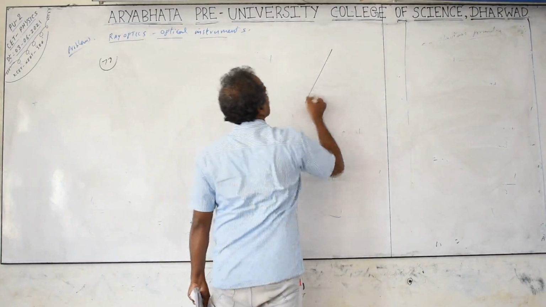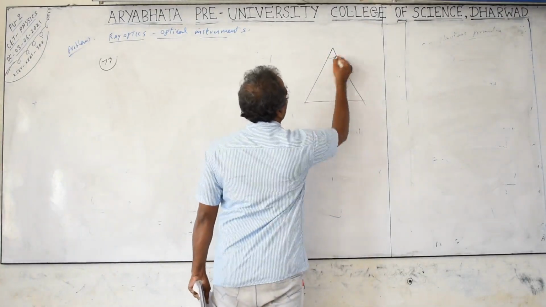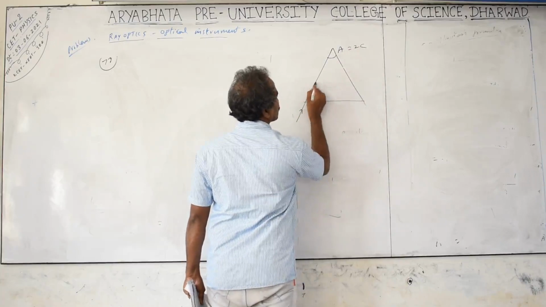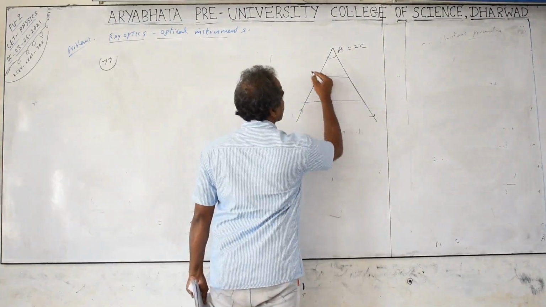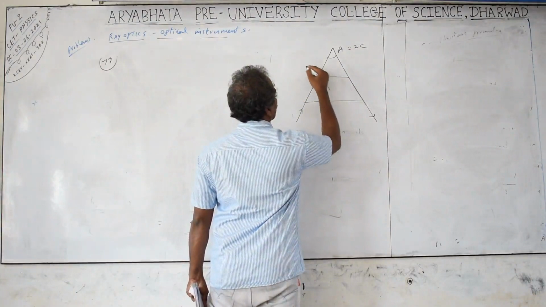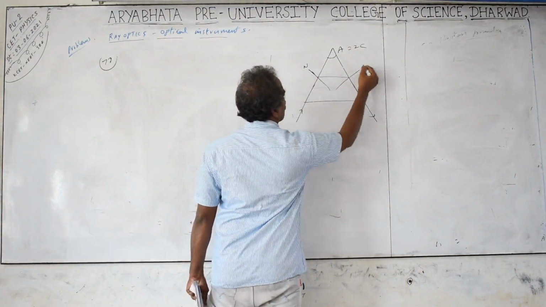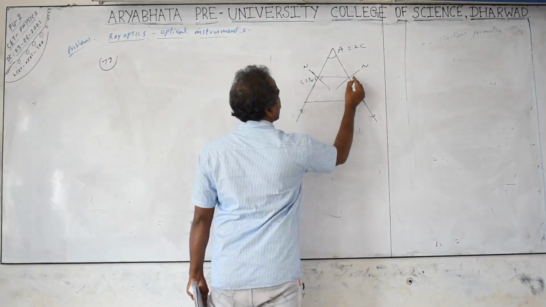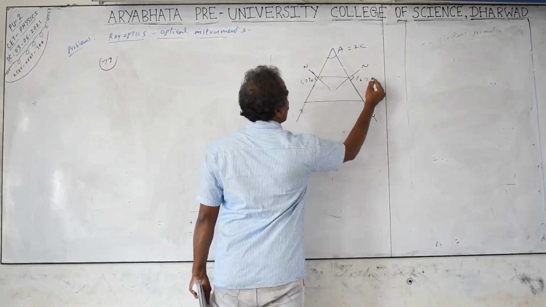The condition is called the limiting angle of the prism. Limiting angle of the prism A is equal to 2C. If the light is coming from the front, grazing the first surface, it should come out grazing the second surface. This is going to be normal. This is also normal. This is going to be 90 degrees. Angle of emergence is also 90 degrees.